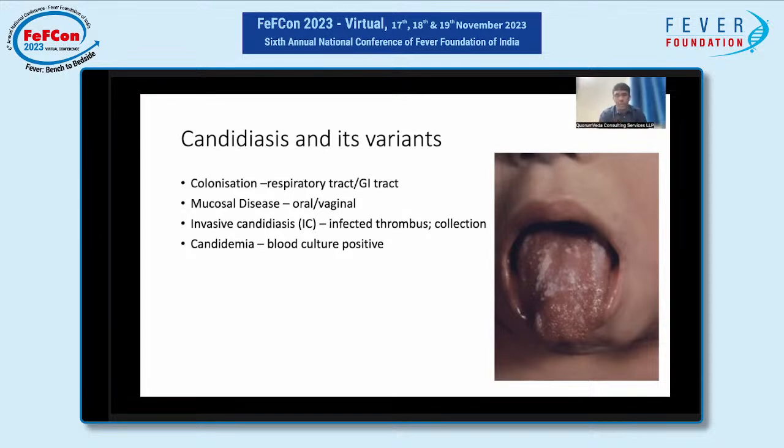For example, hepatosplenic candidiasis, Candida abscess, Candida infected thrombus. So, the same Candida, which is a colonizer, a commensal, becomes a highly dangerous pathogen when it gets an opportunity, because Candida is an opportunistic fungus.